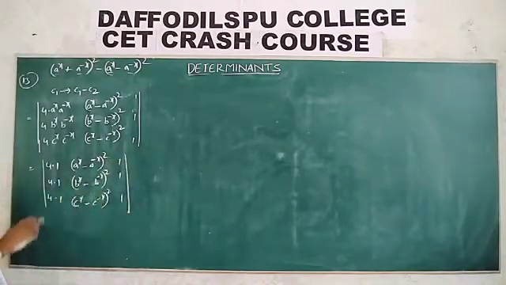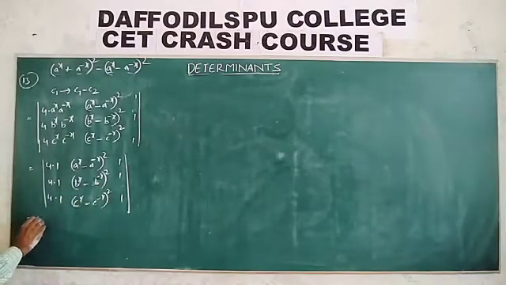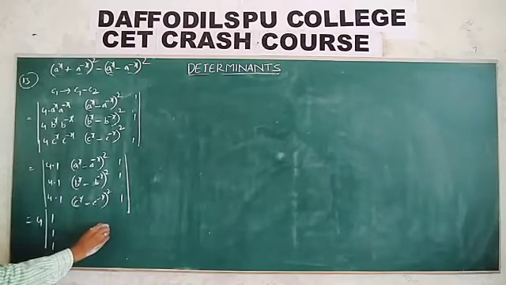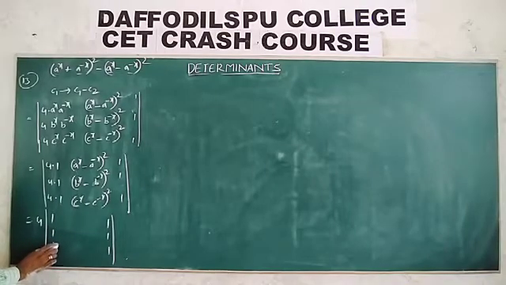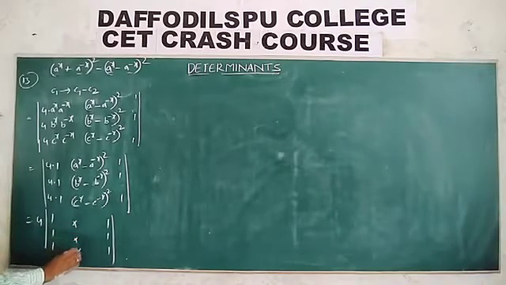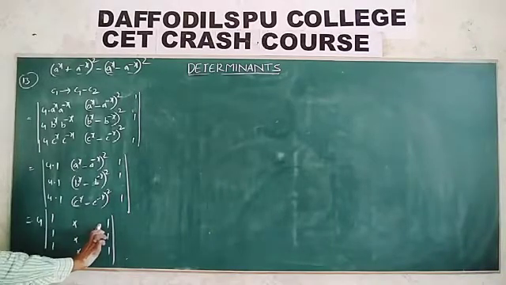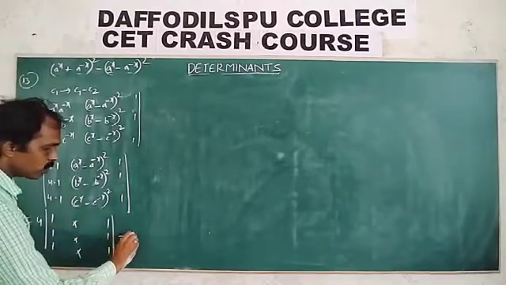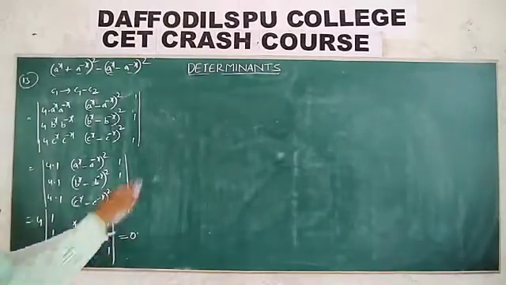So first column and third column are proportional. Otherwise, take 4 common, third column 1 1 1. Which property can we apply? The property of determinants: if 2 columns or 2 rows are identical, then this value is equal to 0. Columns C1 and C3 are identical, then this value is equal to 0. So option 1.